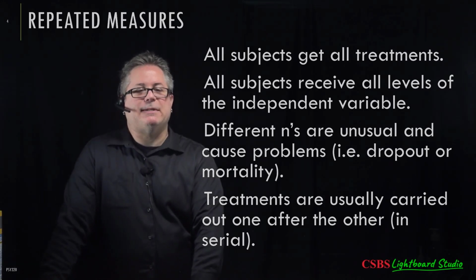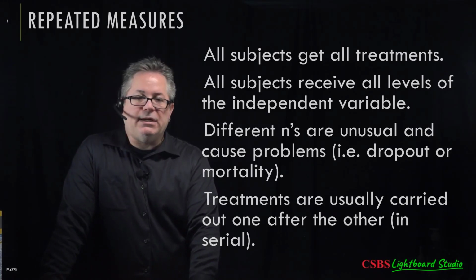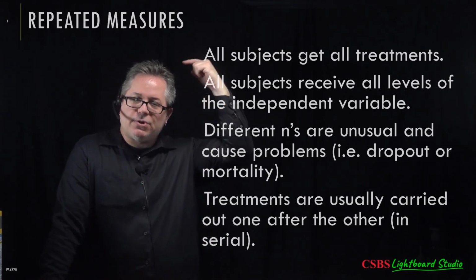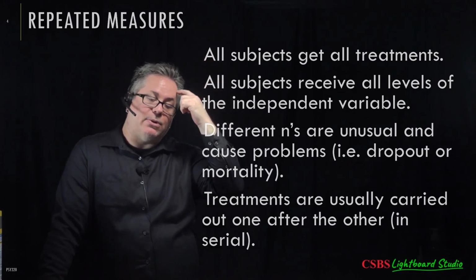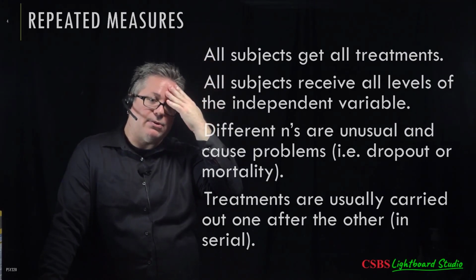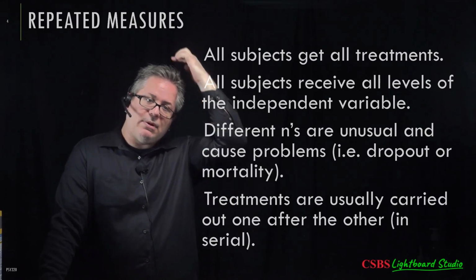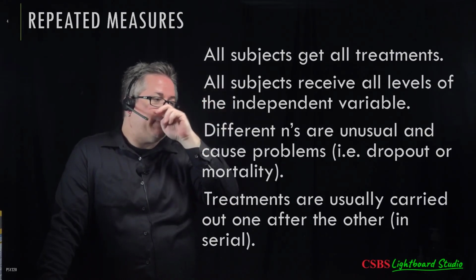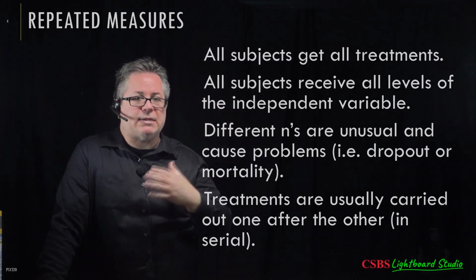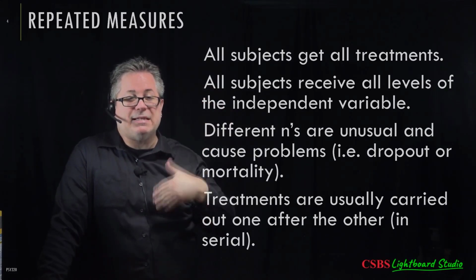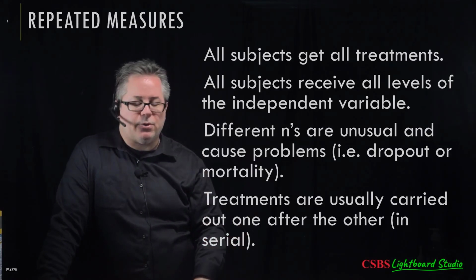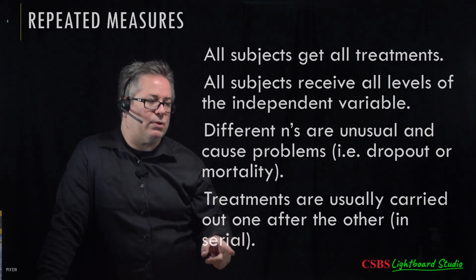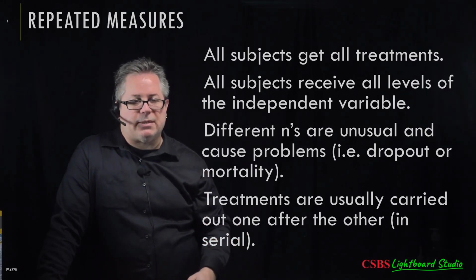Like if you're looking at, let's say, an EEG, where you have different electrodes in different parts of the brain, they're all being measured simultaneously. So they're not being measured in series, but it can be looked at as a repeated measures design, because all those things are being measured at the same time on the same subject. So it is within the same subject. But the example we're going to go through today is one where it's done in series, time 1, time 2, time 3.